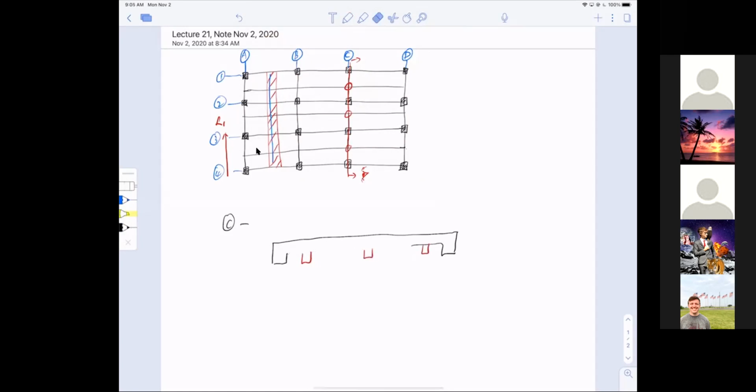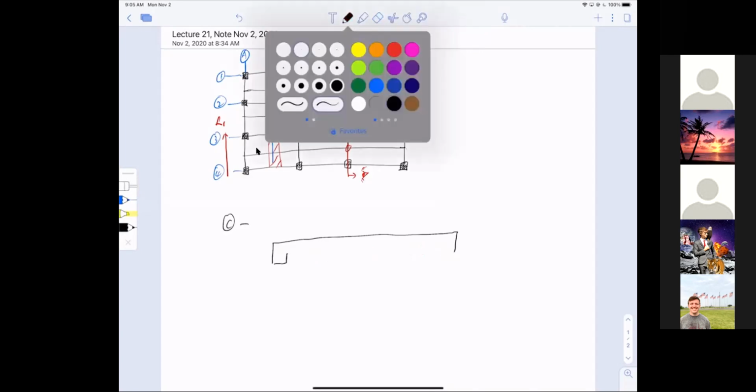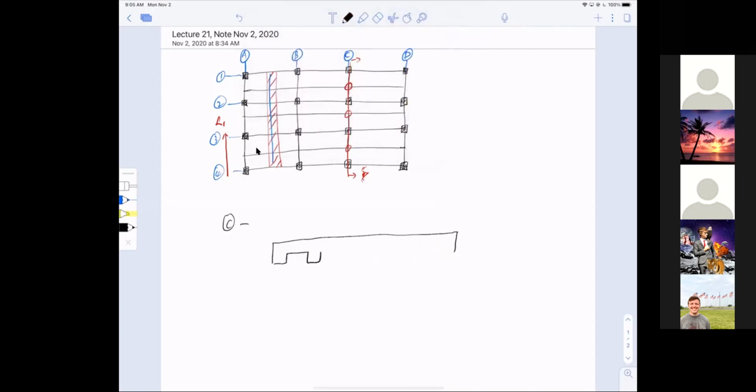Let me redraw it. Essentially, you have more. If I redraw it, I end up with a lot of spans: 1, 2, 3, 4, 5, 6, 7, seven of them. So I have 5 in the middle, this, this, this, then this.